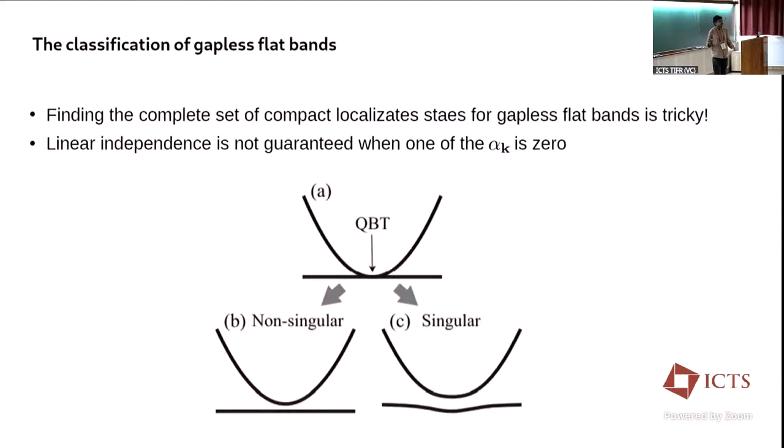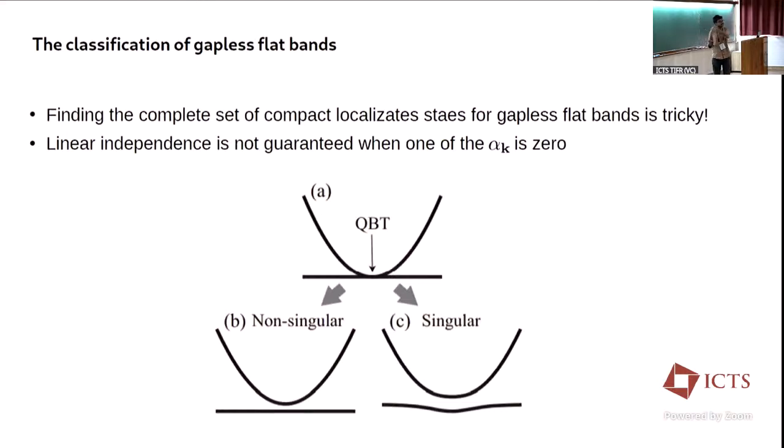But if you can write down a smooth projector onto the flat band, we call that a non-singular flat band. So essentially, whether you are able to write down a smooth projector onto the flat band space or not, we classify into two different classes: one singular and one non-singular.